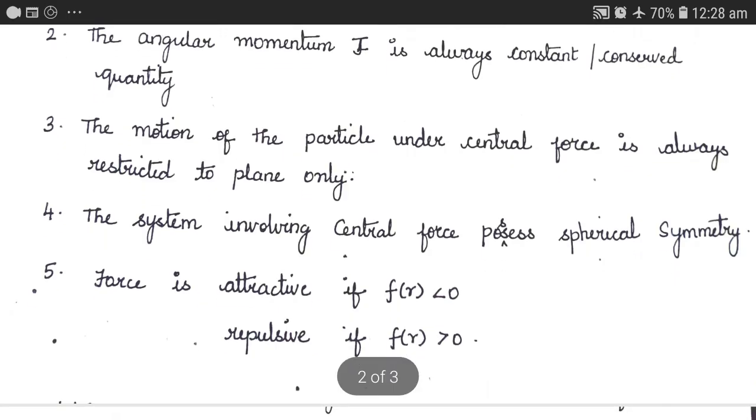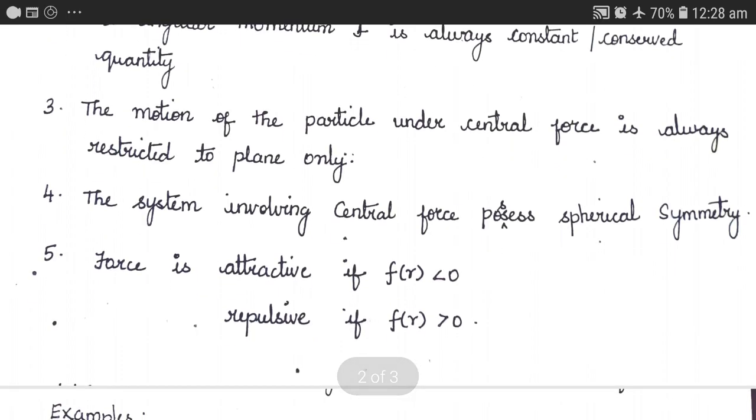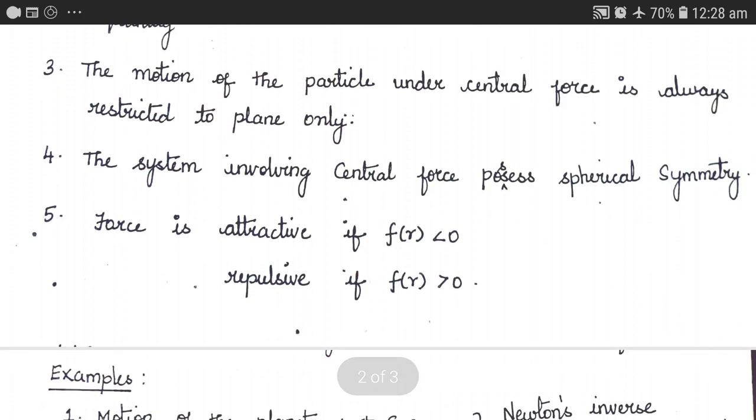Since the motion is only in a plane, the system involving central forces possesses spherical symmetry. The central force will be an attractive force if the function f(r) is less than 0, and it is repulsive if the function f(r) is greater than 0.